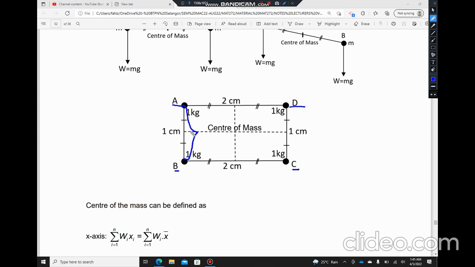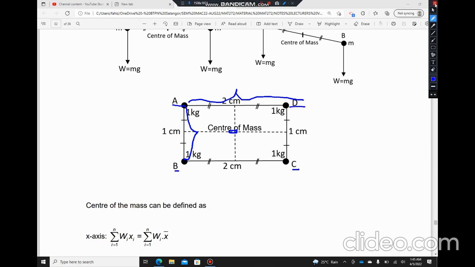So the center of mass is 0.5, sebab dia dekat tengah-tengah ni kan. And then kalau X axis 2 cm, the center of mass is 1 cm because we divide by 2.